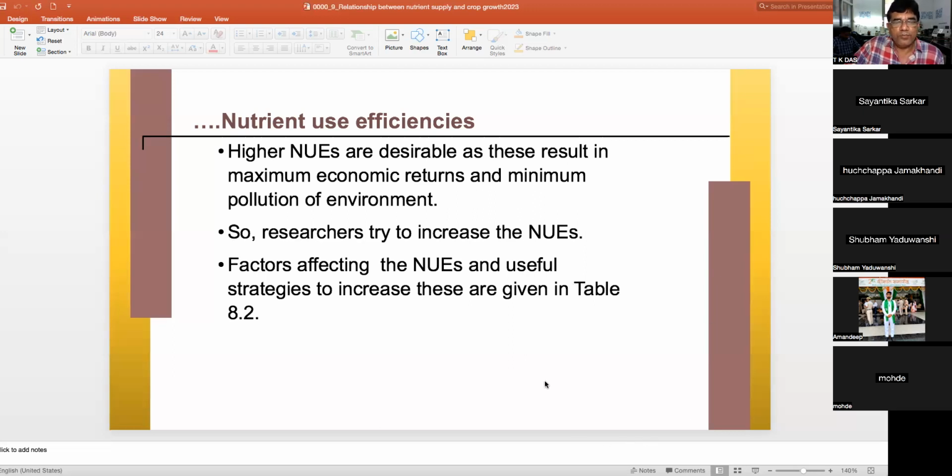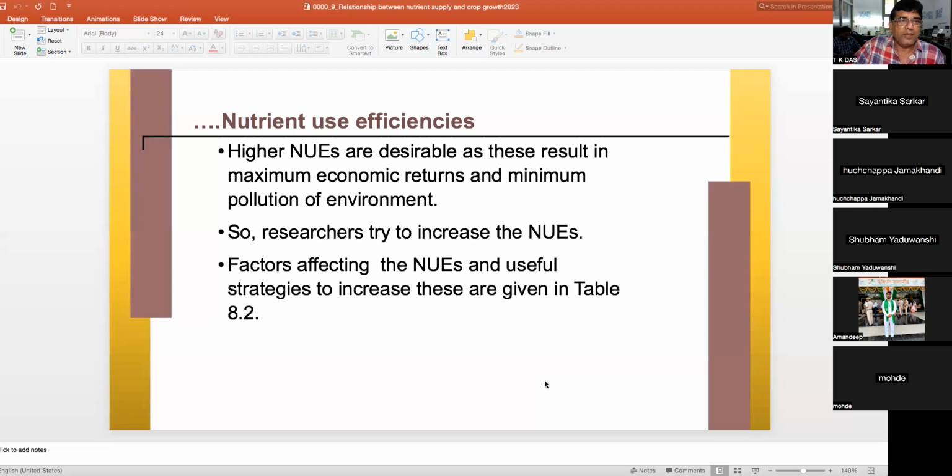Factors: now, if we want to increase the nutrient use efficiency, then we must know the factors or the cultural practices or management practices that can improve it. In most cases, you will find the response in terms of crop growth or yield is the numerator, on the top, and the denominator is always your nitrogen rate or nutrient rate.